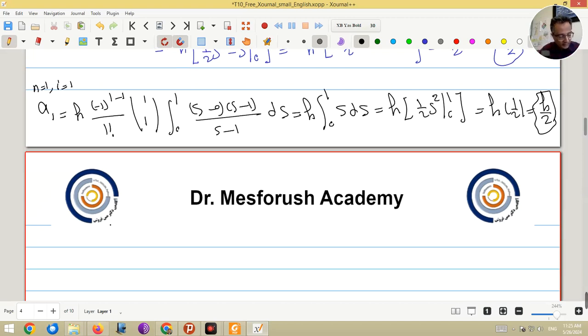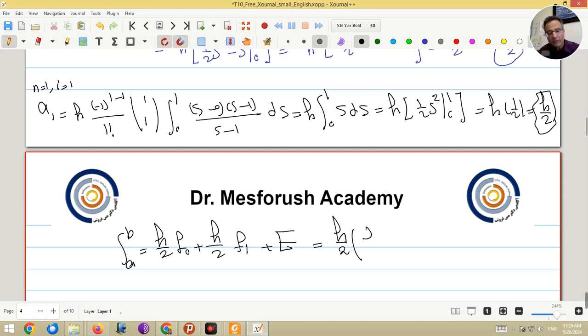So the integral from a to b is a0 f0, where a0 is h over 2, f0 plus a1 f1, where a1 is h over 2, f1, plus error term. And if you factor h over 2, you will have f0 plus f1, plus error term.